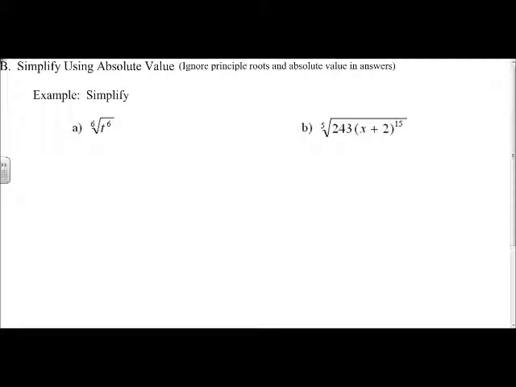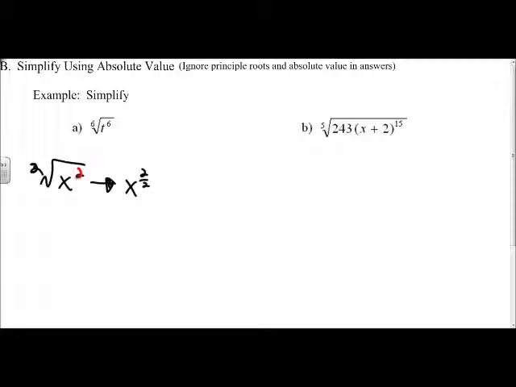If we look at, we have a sixth root of t to the sixth. Anytime that you have the roots on the outside, that'd be the same as saying, let's say we have a square root, that's a 2, square root of x squared. That would be the same as x to the 2 over 2.